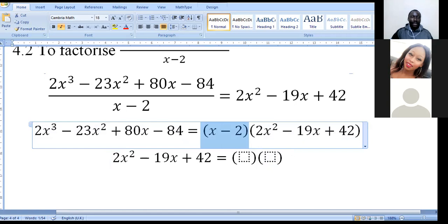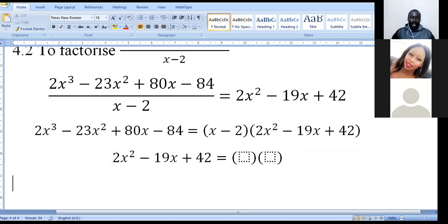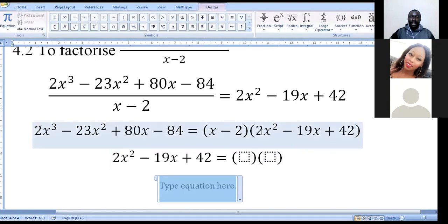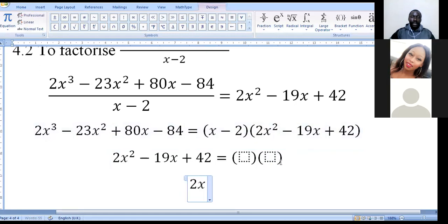So yes, please go ahead and do that real quick. Factorize this expression here into 2 brackets. Then tell me what you will have got. I will be typing this. Okay, do it.